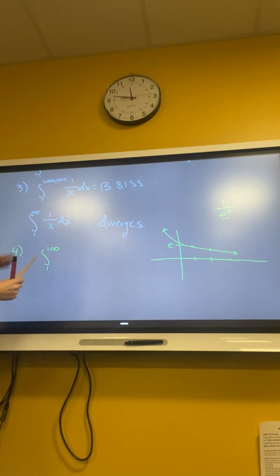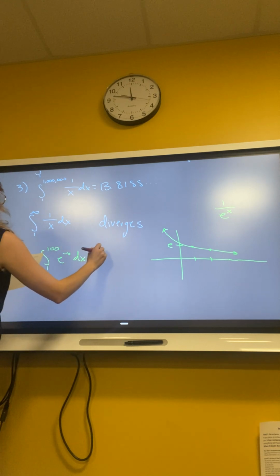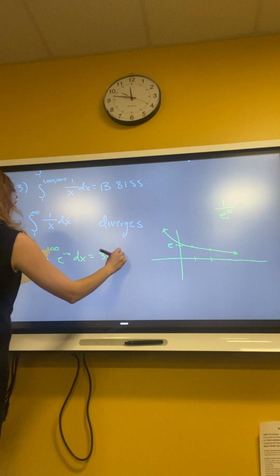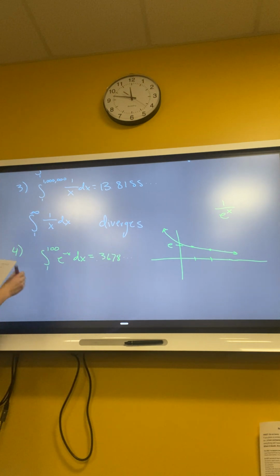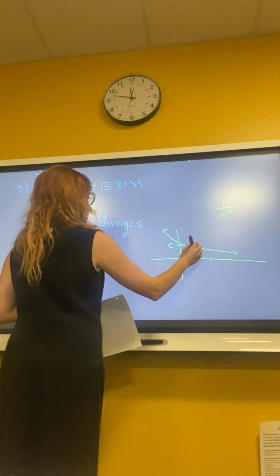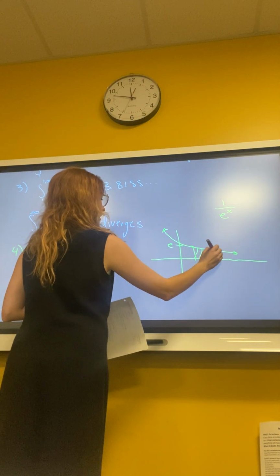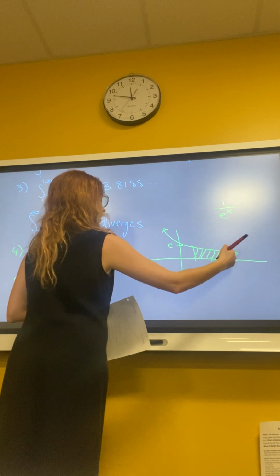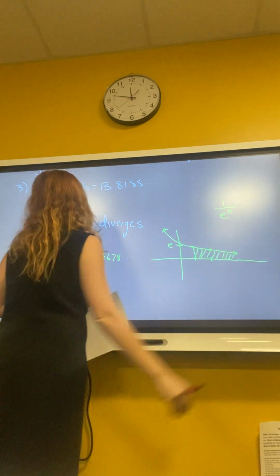The integral from 1 to 100 of e to the negative x with respect to x is 0.3678. Again, we're starting at 1 and taking the area and cutting it off at different places, so we move out.